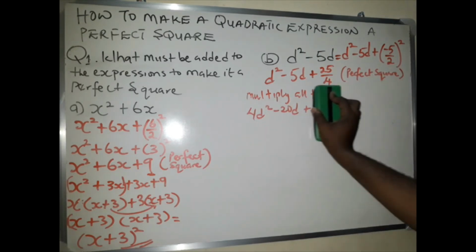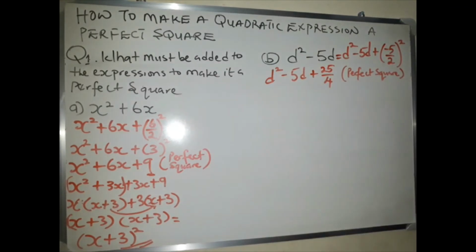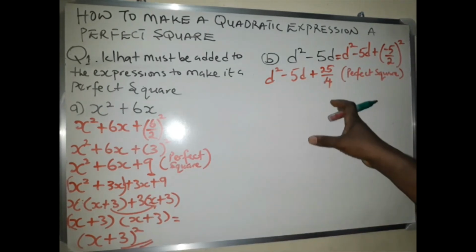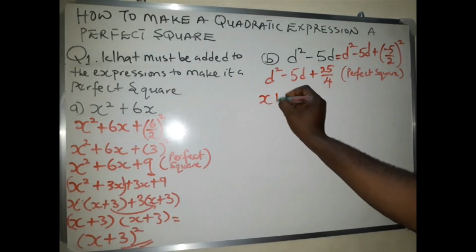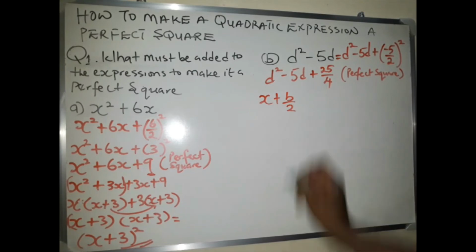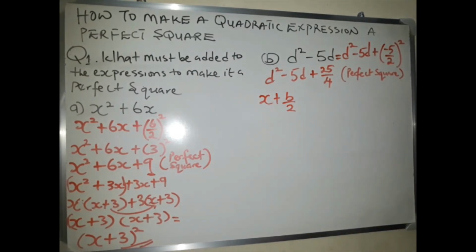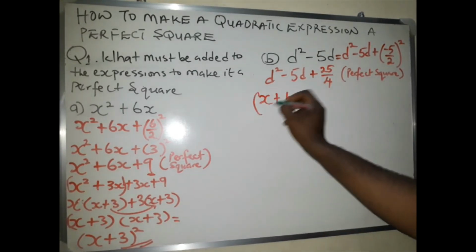But there's an easier way for you to get this expression to be simplified or factorized, and that is by using a formula. And that formula that you use is simply x plus b all over 2 and the whole thing squared.